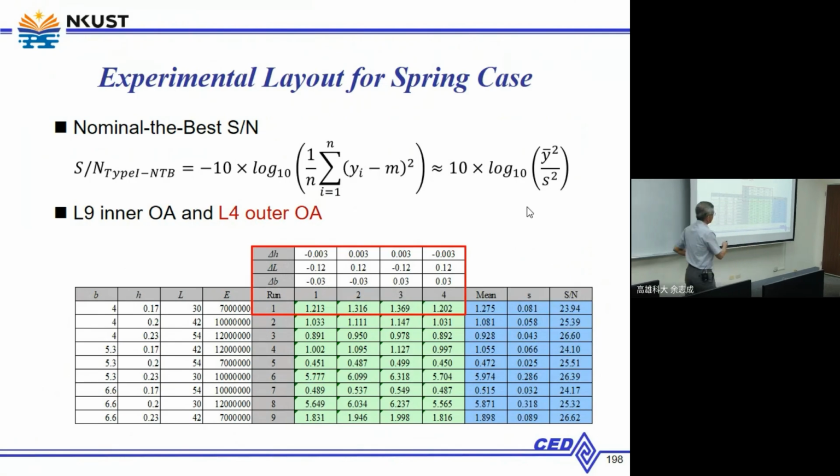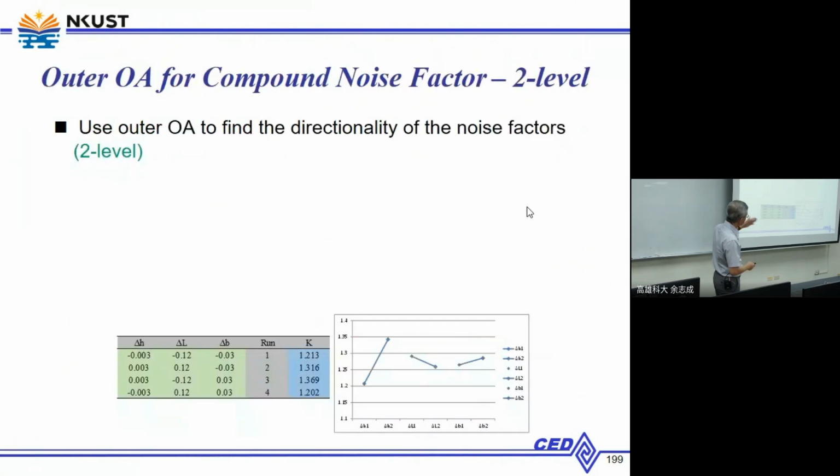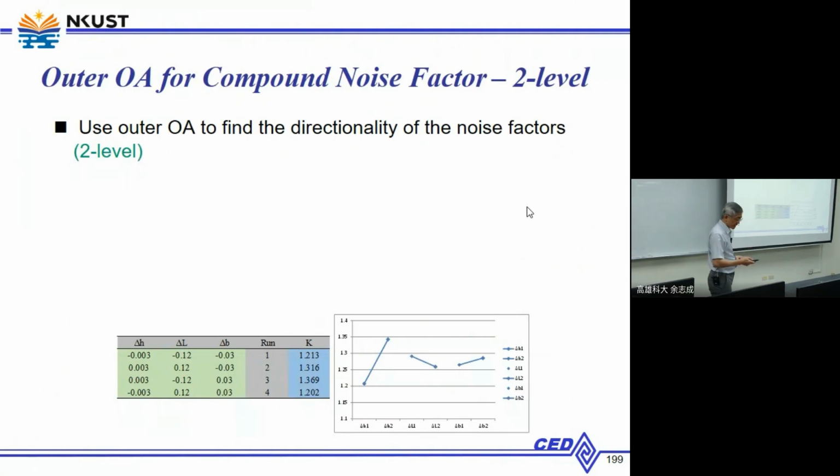This is one of the examples in our previous lecture, and instead, we pull that outer array out. This is the first set of sampling, right? L4, and these are the 4 outputs, controlled by the 3 noise factors. This is the outer array. Using a similar scheme to what we did on the control factors, we can find out the effect plot for the noise factors.